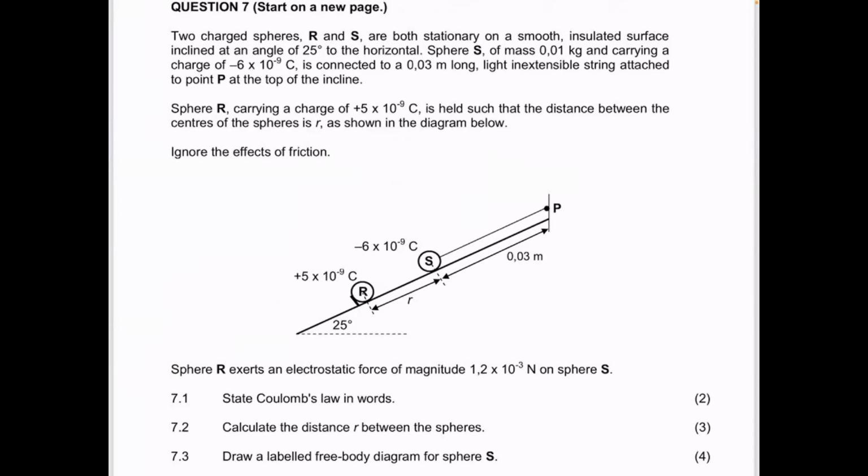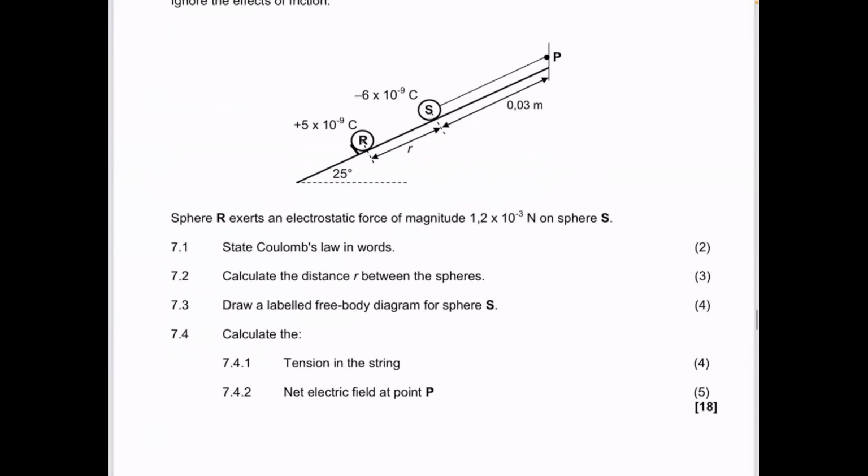It's resting on a surface, so we're going to have a normal force perpendicular to the surface. And then you've got this string, which is attached to point P that is holding it, so there's a tension pulling up. And then you have a charge R on the other side, which is going to be attracting S. Okay, so let's draw a labeled free body diagram for charge S.